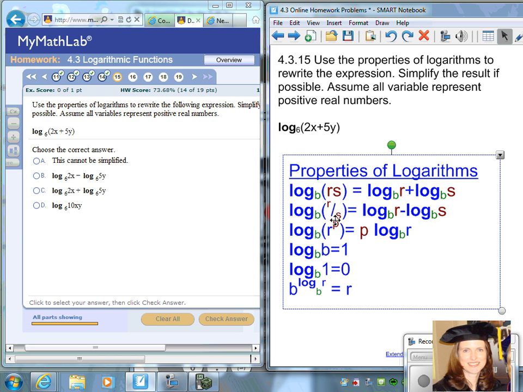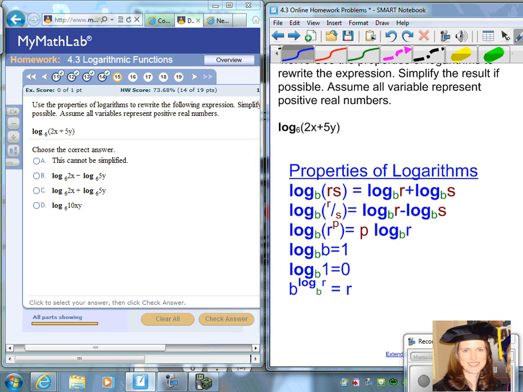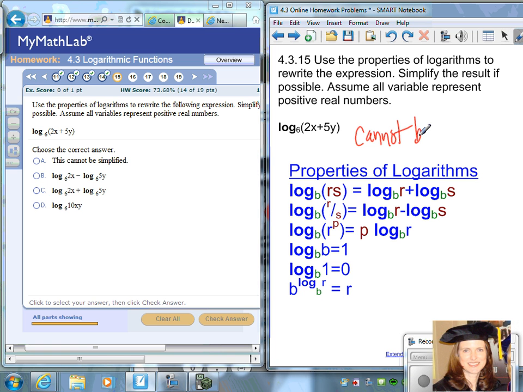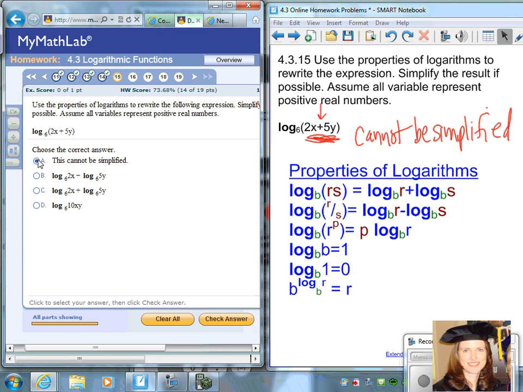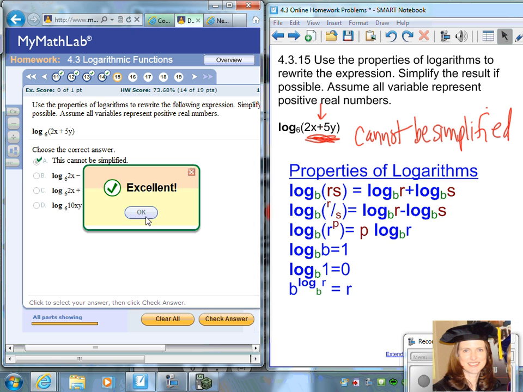So we can say that this cannot be simplified. There's no way to break that up because it has a plus sign. Make that choice and check your answer.